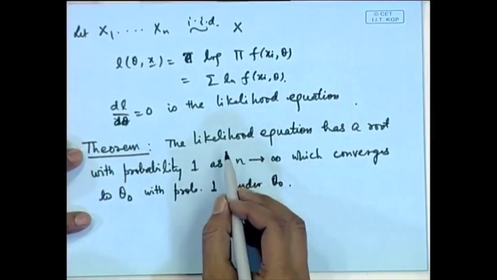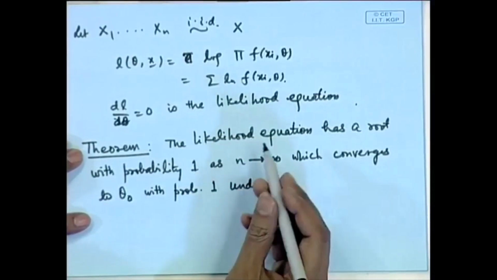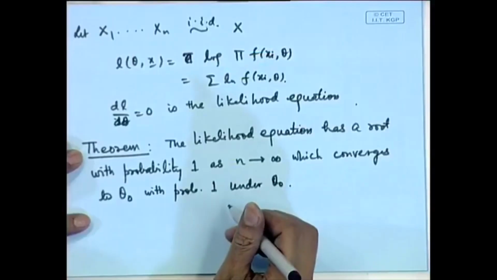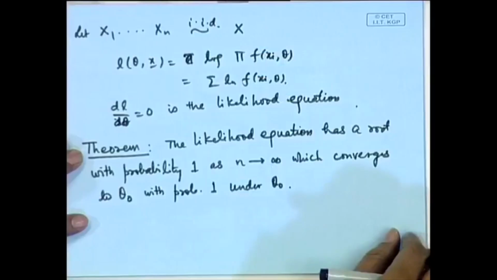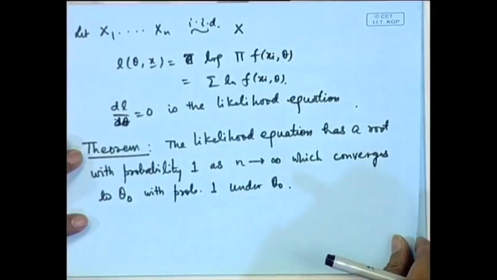So, this is an important result, that is, under certain regularity conditions the maximum likelihood estimator can always be found, and it also converges to the parameter with probability 1. That means, it is also consistent.